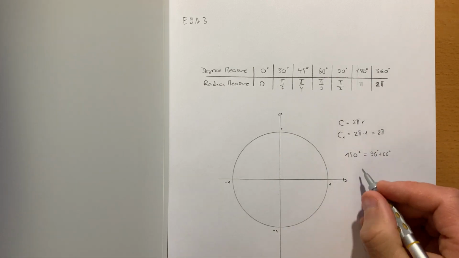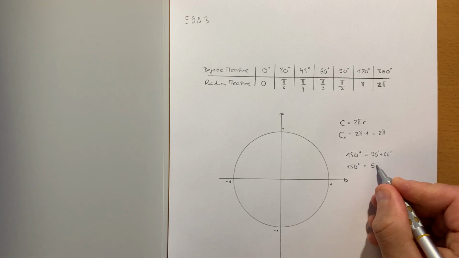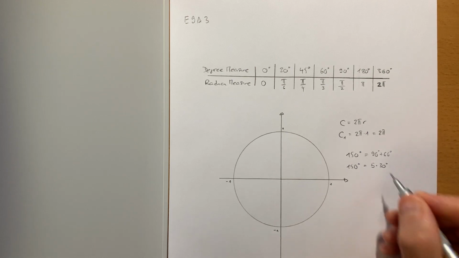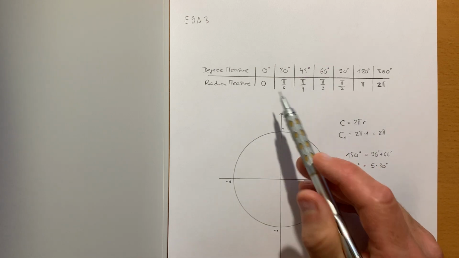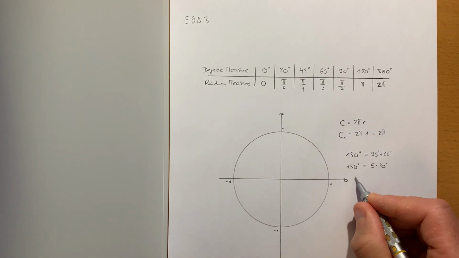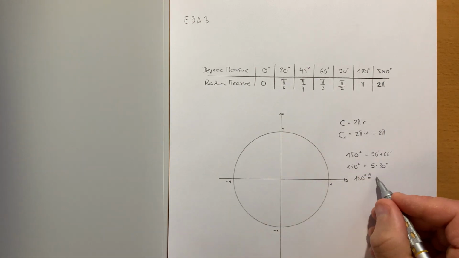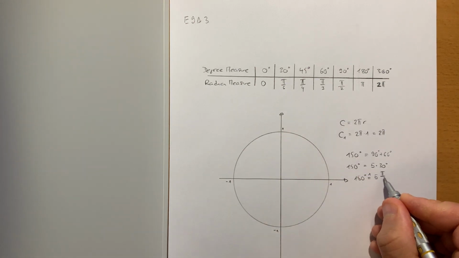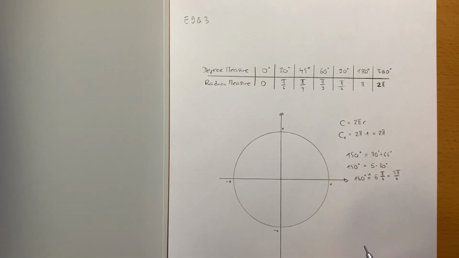Or you could say 150 is in fact 5 times 30 degrees. That would probably be easier. Look, 5 times 30 degrees. So 150 corresponds to 5 times pi over 6, which is 5 pi over 6.